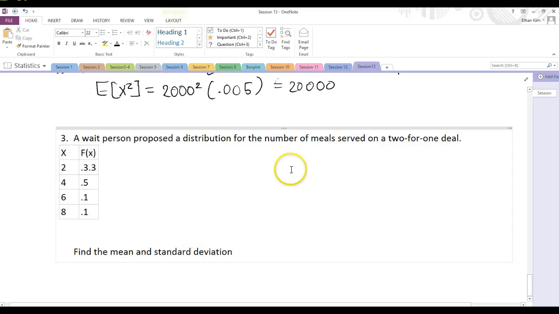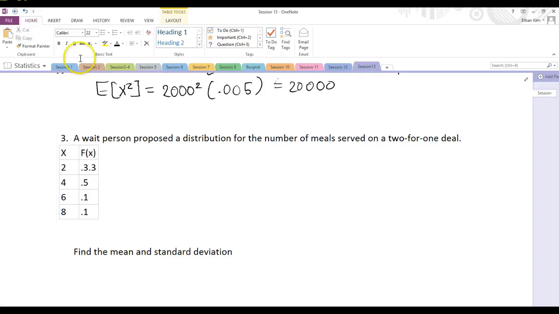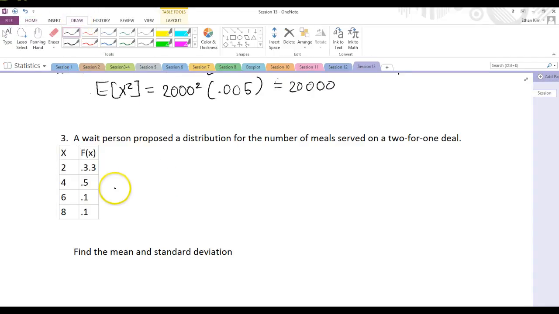Okay, so a wait person proposed a distribution for the number of meals served on a 2-for-1 deal. Okay, and here is the table, the distribution for the number of meals, and you're supposed to find the mean and standard deviation. And this is pretty simple, right? Alright, so to find the mean, we would have to multiply the variable times the probability.